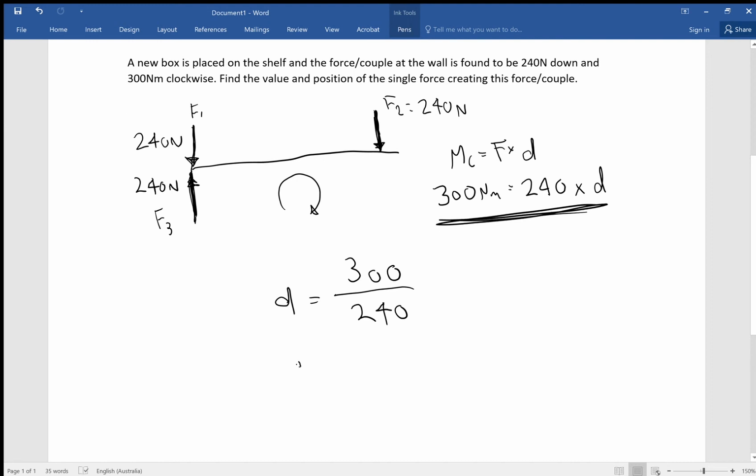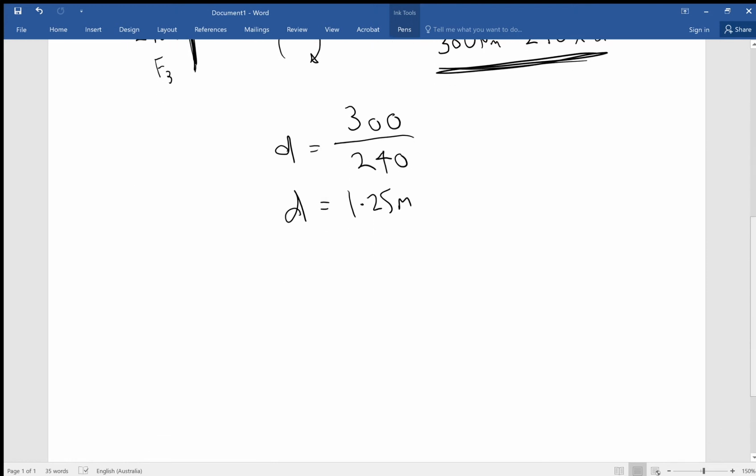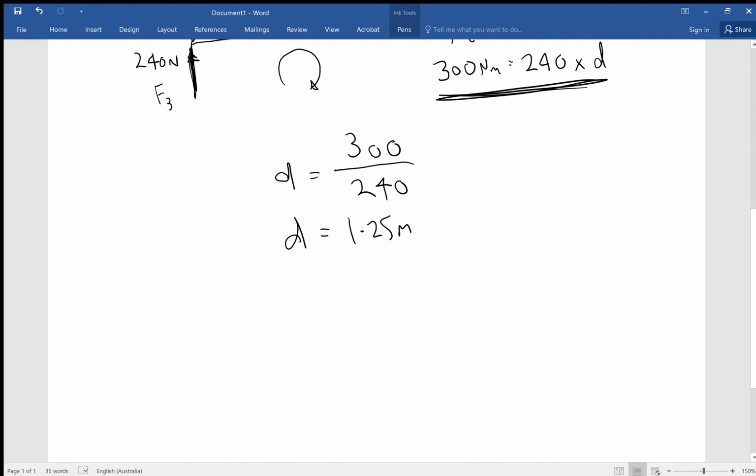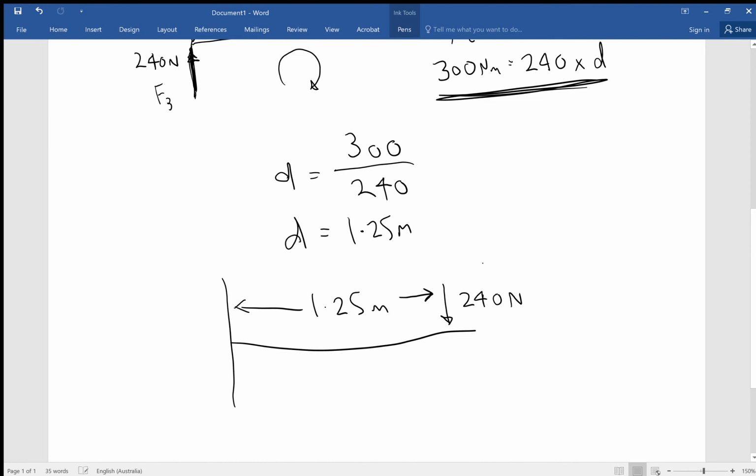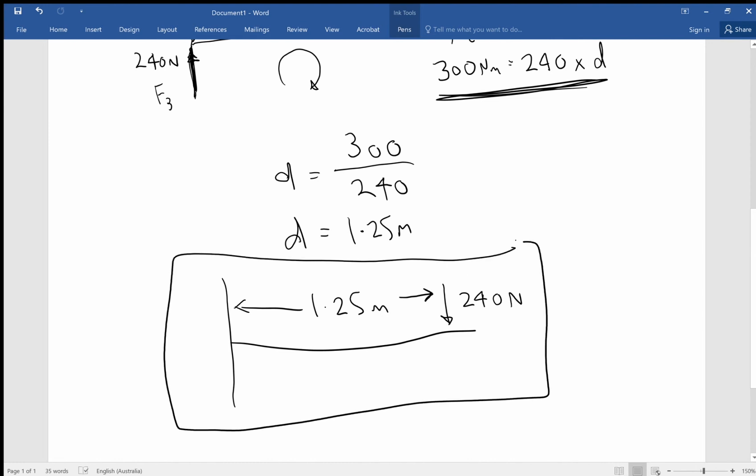And so we get a distance equals 1.25 meters. So step 3, you can just do a final diagram indicating that you understand what the force is and what the distance is. So we just draw our wall for our free body diagram, our shelf, our 240 newtons acting straight down, and our distance of 1.25 meters. And that is your answer.